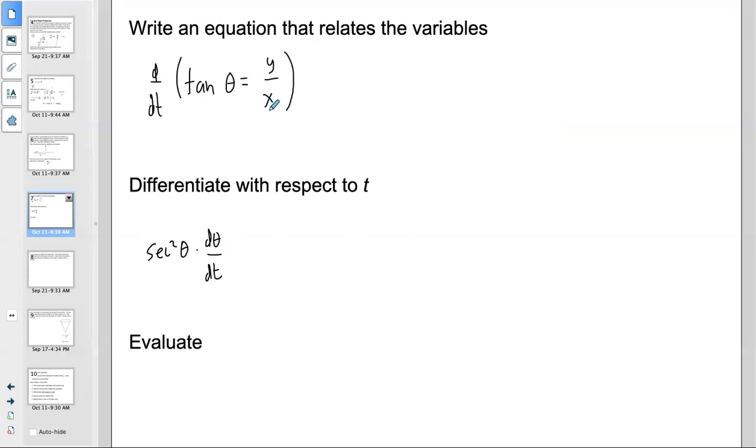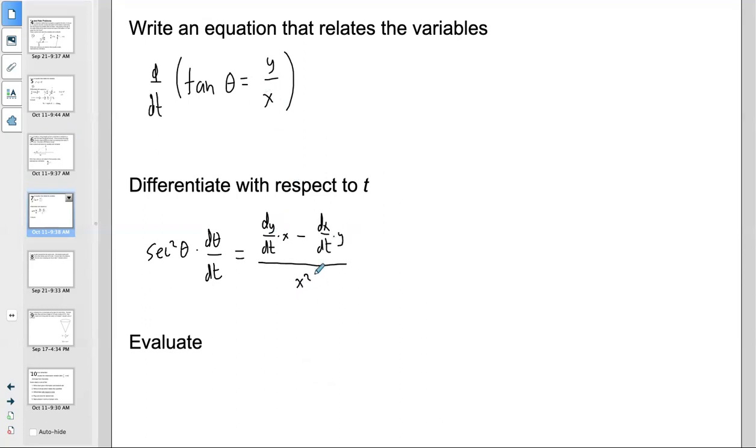So this over here, since this is a quotient of functions, y divided by x, when I take the derivative of the right side, I'm going to have to use the quotient rule, which says the derivative of the top times the bottom. So that's dy dt times x minus the derivative of the bottom times the top, which is dx dt times y, all over the bottom squared. So that's x squared.